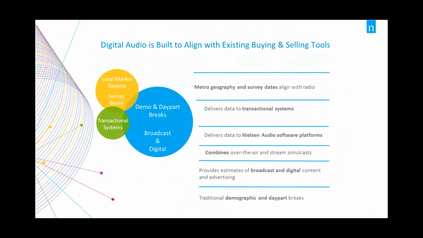So if you have non-simulcast content, if you have digital content, the service can provide appropriate estimates for both, and that also aligns with the buying and selling tools. And then, of course, I'll mention it again, traditional demographics obviously will be part of this. So the breaks today are not custom, although we do have plans in the future to be able to provide custom day part and demo breaks, particularly in TapScan.